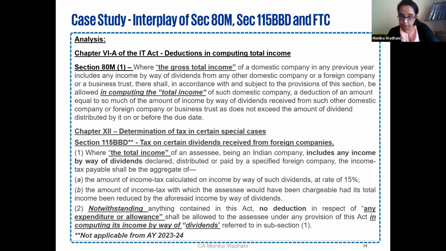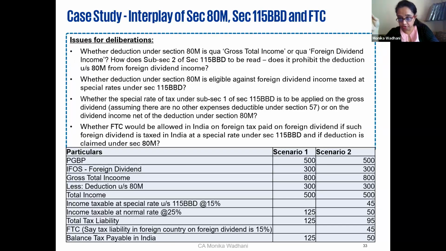However, if we go with the proposition that no, you have to strictly read ATM qua gross total income, and if dividend income loses the identity, in that case, you can still apply the entire deduction of ATM. I mean, even though ATM is applied, it is qua gross total income, not qua any particular foreign source income.